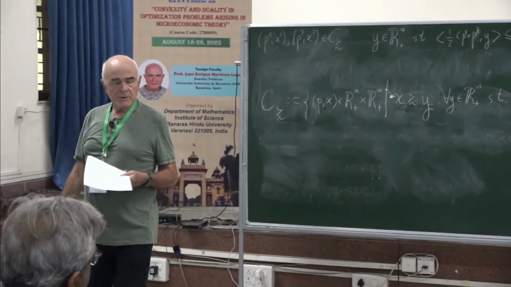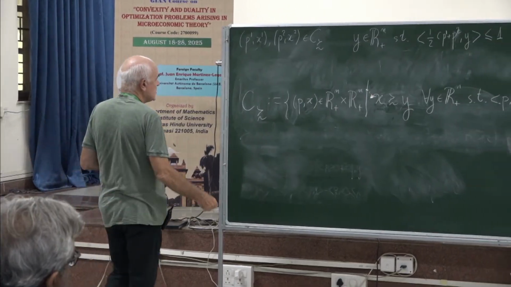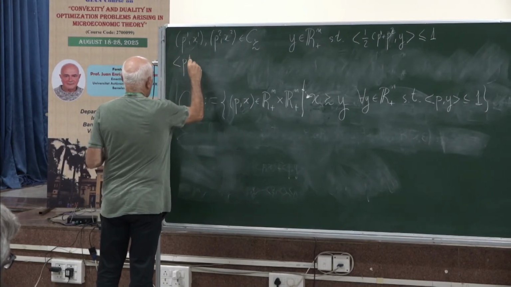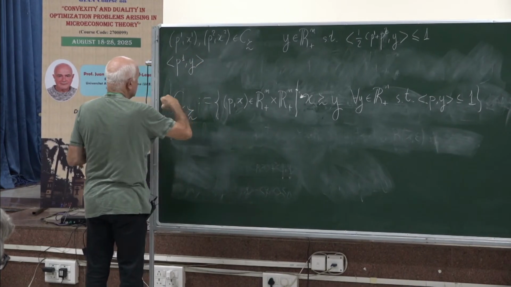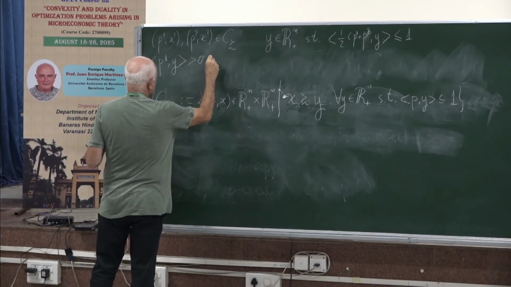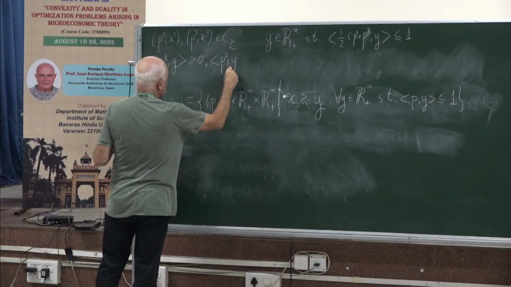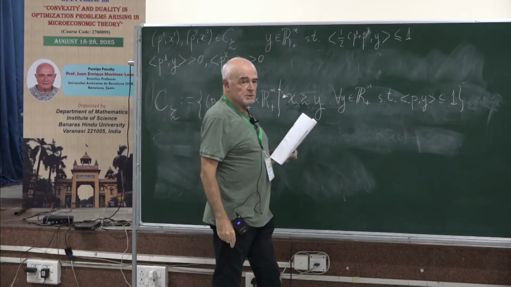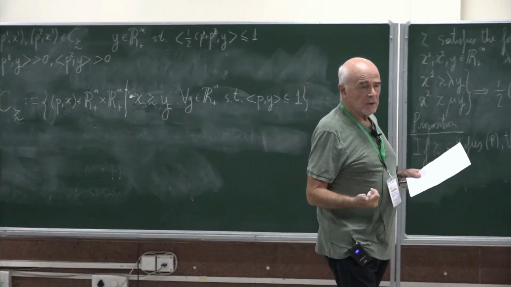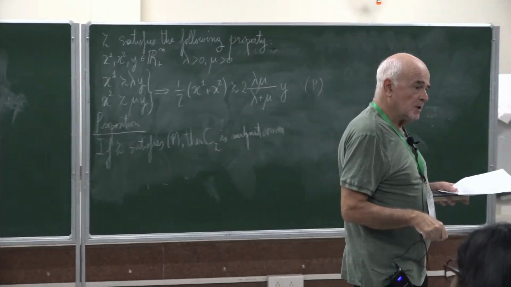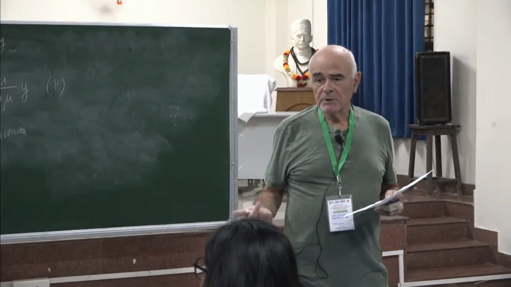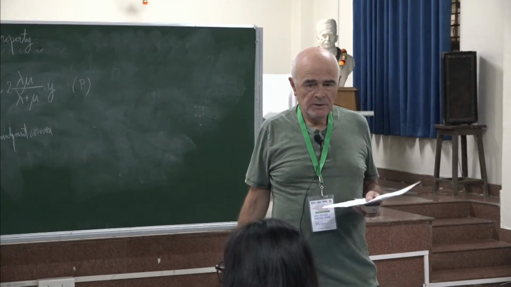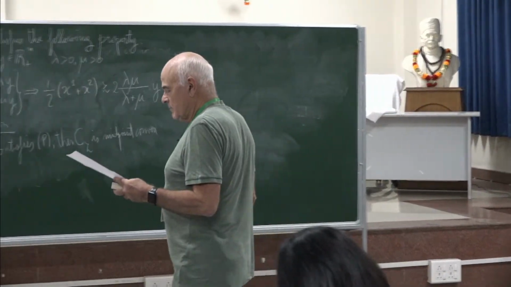So I consider first case both P1y and P2y are strictly positive. Second case will be when one is strictly positive and the other is 0. The third case will be when both of them are 0. They are non-negative, okay? The cost is always non-negative.